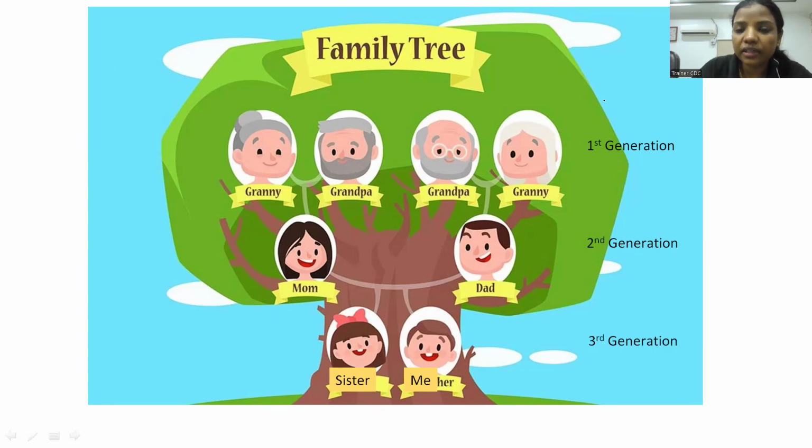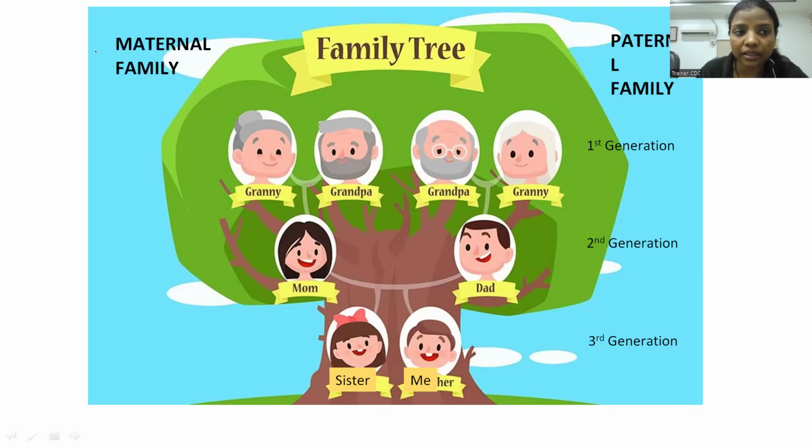again, we will divide our relations into two parts: paternal and maternal. Paternal side means your father's side, your father's side relations. Next we have the maternal side, the maternal family, which is from your mother's side.